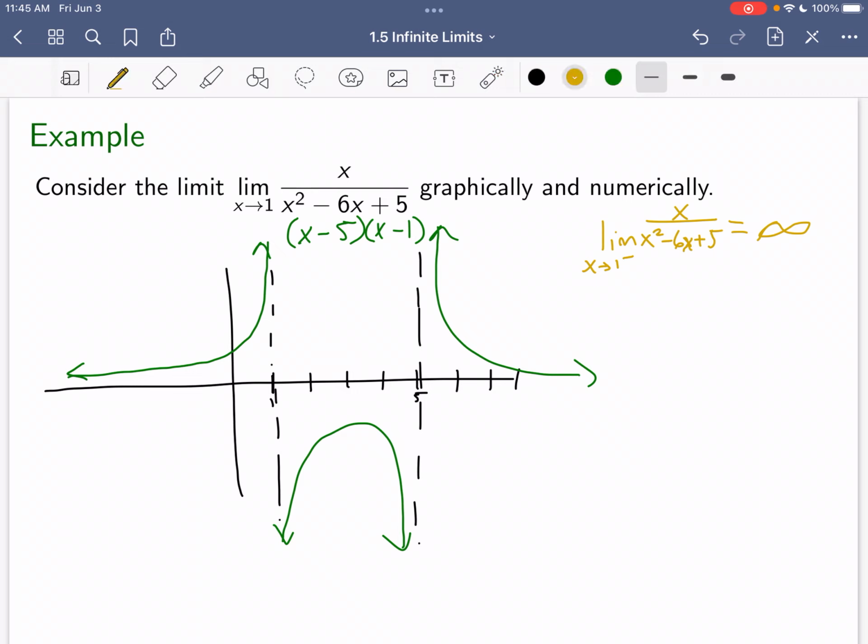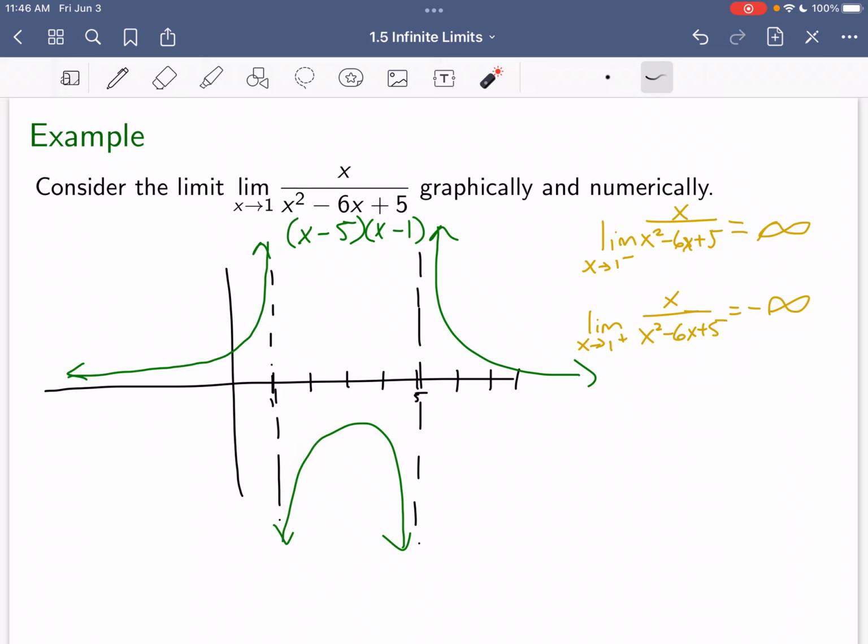And if we approach 1 from the right-hand side, then we get negative infinity. Right, so as we get closer and closer to 1 from this right-hand side, our values are getting smaller and smaller.